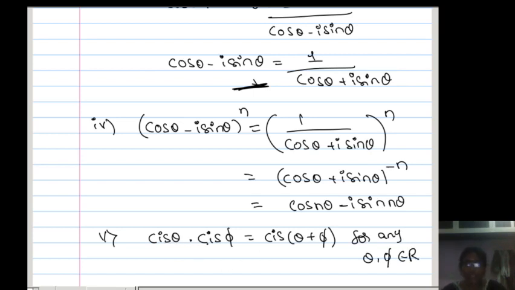Cis theta into cis phi is equal to cis of theta plus phi. What happened here? (Cos theta plus i sin theta) into (cos phi plus i sin phi). If you multiply the two complex numbers, you get cis of theta plus phi. So the relation here is theta 1 into theta 2 means theta 1 plus theta 2, like that. Cis theta into cis phi is cis of theta plus phi.